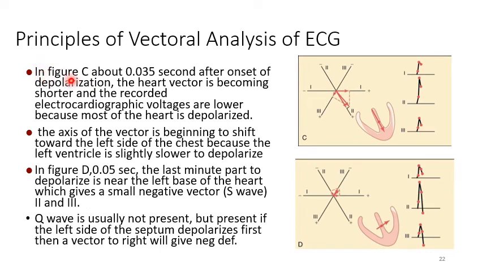Now in this phase, about 0.035 seconds after onset of depolarization, you will notice that almost most of the areas of the heart have been depolarized. So the vector is getting shorter because we are close to complete depolarization.